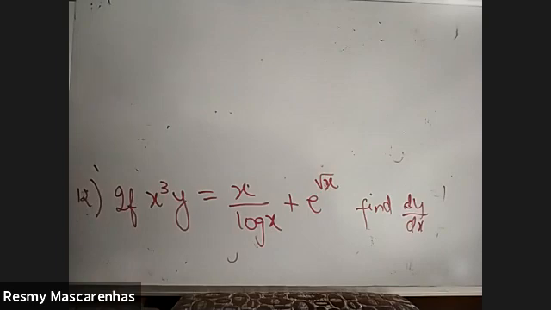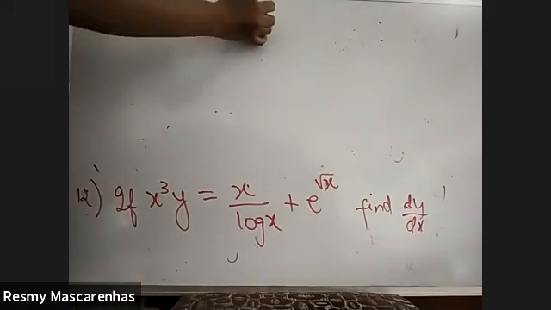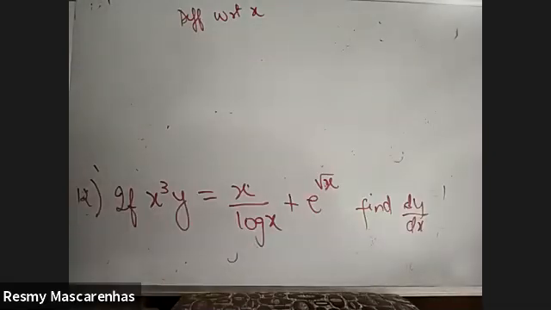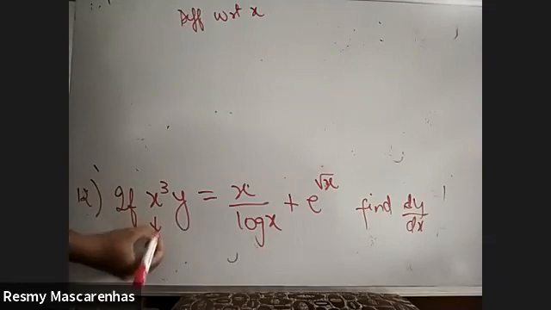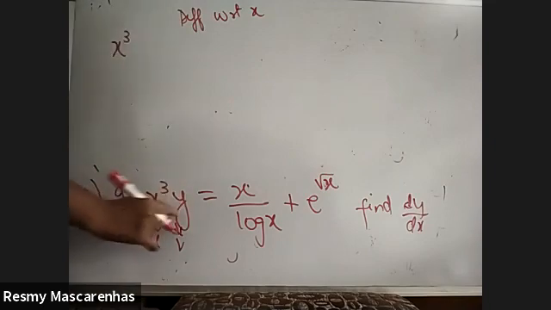Okay, so I have to start differentiating with respect to x. So now this is u and this is v, u into derivative of v plus v into derivative of u. So what I do, write the first term as it is, x cube into derivative of y.